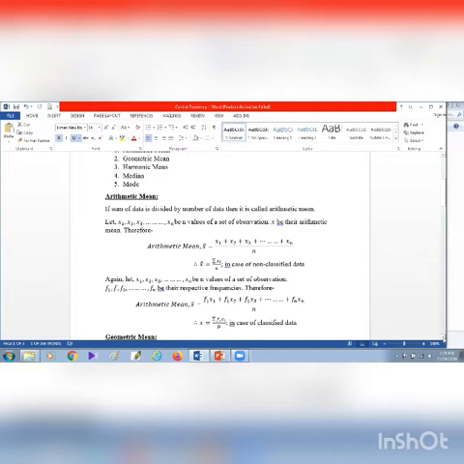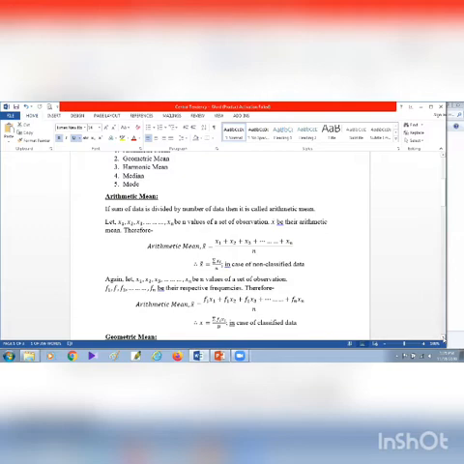Now, what is arithmetic mean? If the sum of data is divided by the number of data, then it is called arithmetic mean.